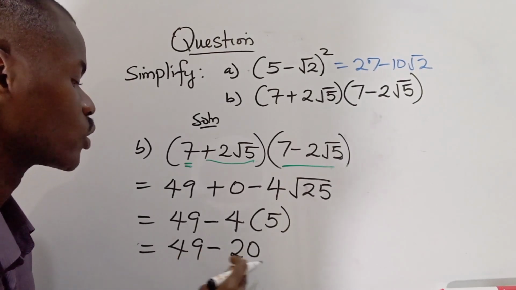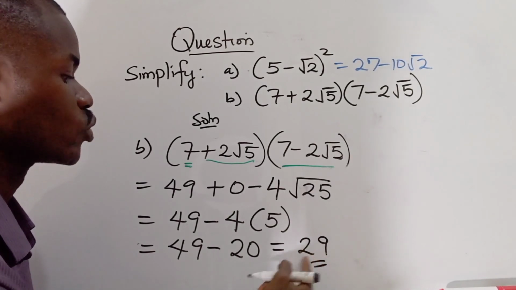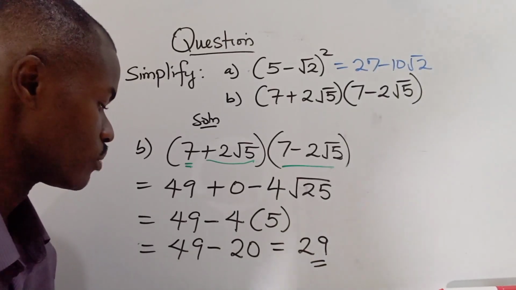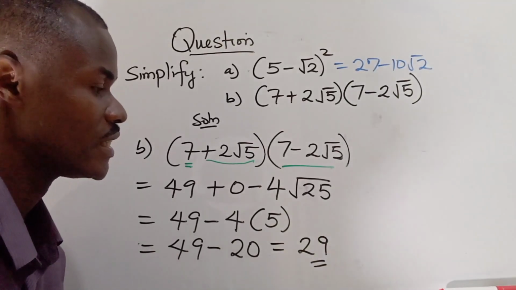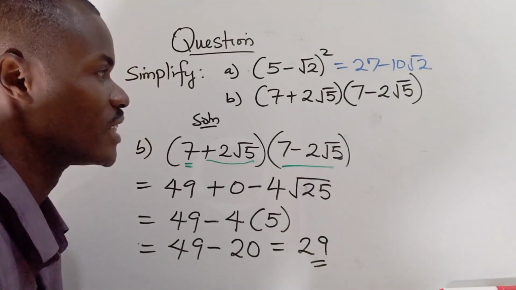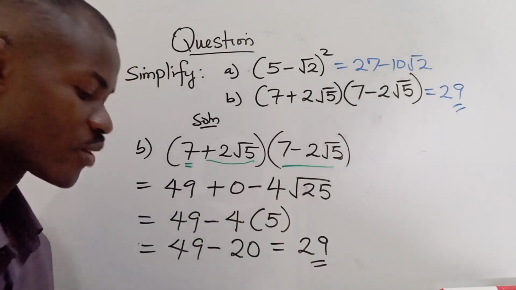Now 49 minus 20 is going to give us 29. Checking: 29 plus 20 gives us 49, so it means 49 minus 20 is 29. So the answer to the second one is actually 29. So that solves the problem.